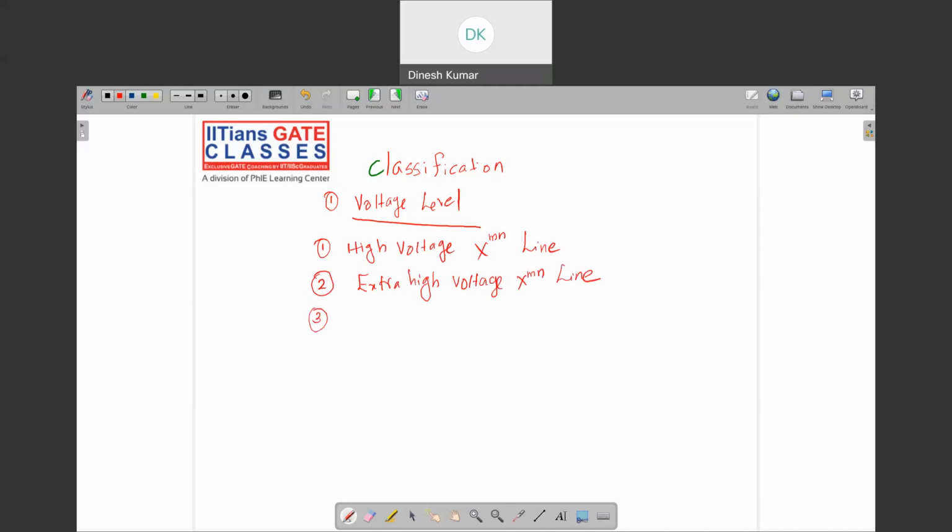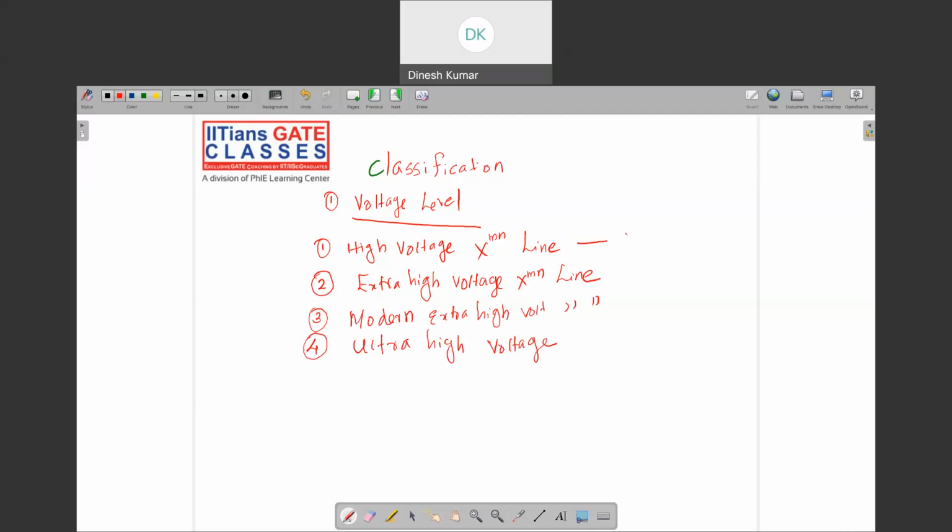Third one is the modern extra high voltage. And the fourth one is the ultra high voltage transmission. These are the four important transmission systems.